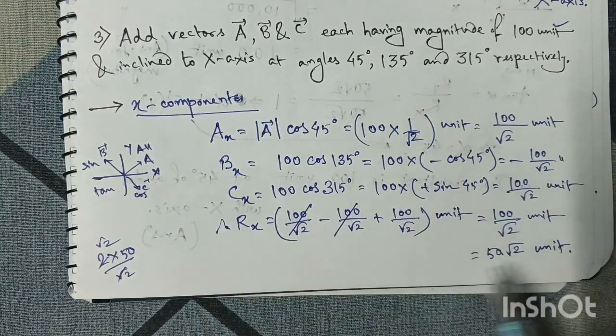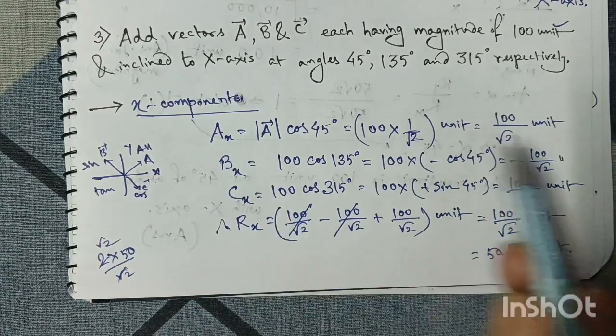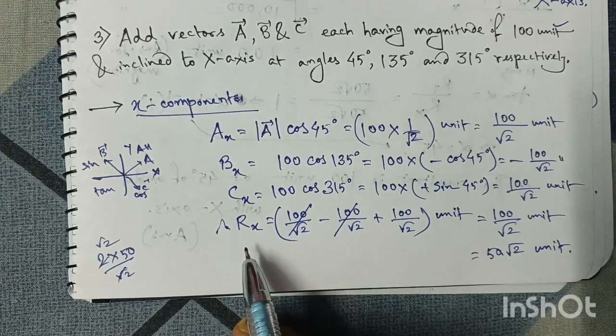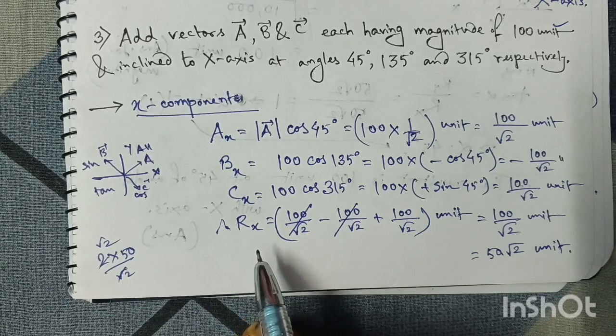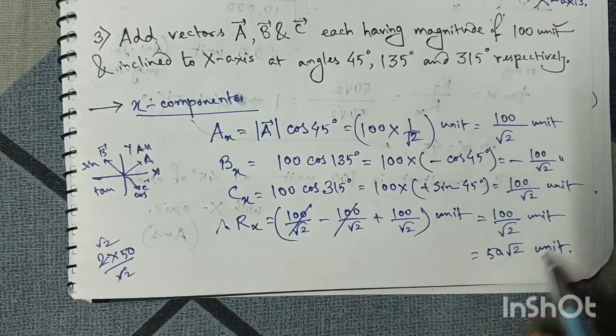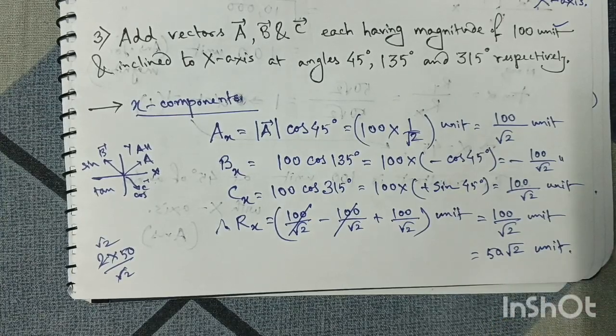You may take a screenshot of the total calculation. Therefore, Rx, that is the component of the resultant vector along x-axis, calculating, we get 100 by root 2 unit, which is equal to 50 root 2 unit.